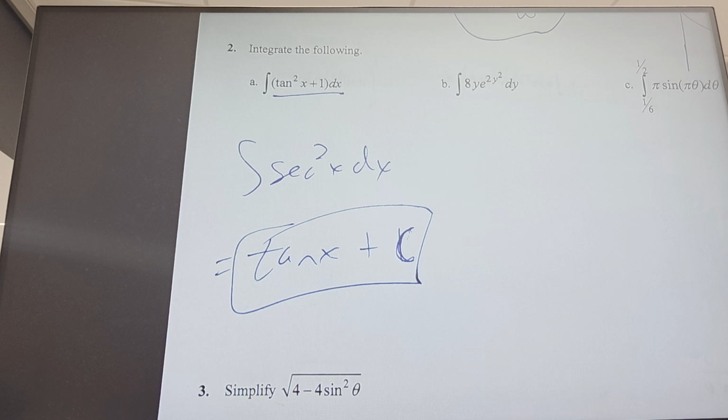Did anyone identify the method on part B? U sub all day long. Classic U sub is when there's a function stuck somewhere, and the derivative of that function is in there, except the constant might be wrong. I don't care about constants. Constants dance the way we want them to.